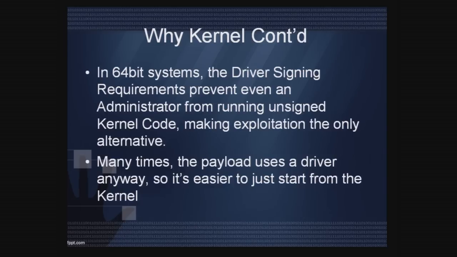So basically, they have to find an exploit. That's the only way to get there. Many times they need to be in the kernel to do what they want to do, whether that's backdoor hiding, or maybe they want to do some stuff with the network. They need to be in the kernel anyway. So jumping straight in can be a really good option.